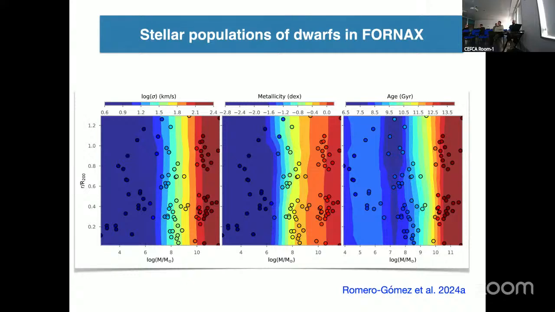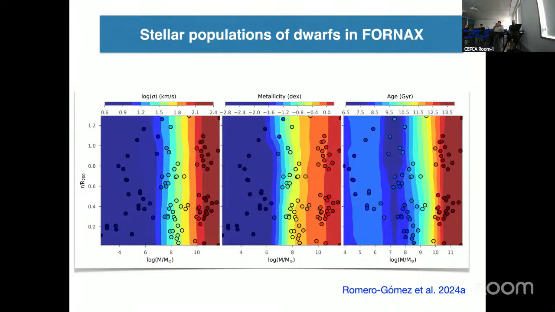There is no relation between age, metallicity, and sigma and position in the cluster, because the isocontours are perpendicular to it. So basically, for these galaxies, for the age and metallicity and sigma, there is no influence between the position in the cluster and these quantities.